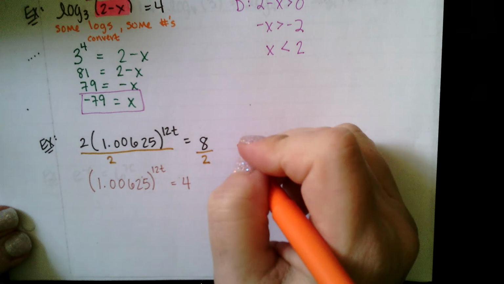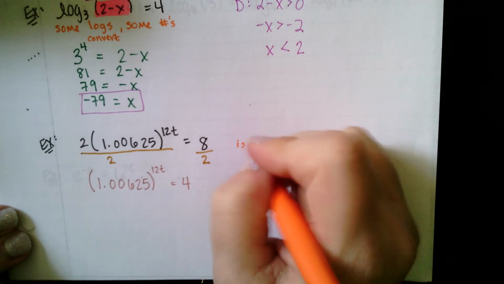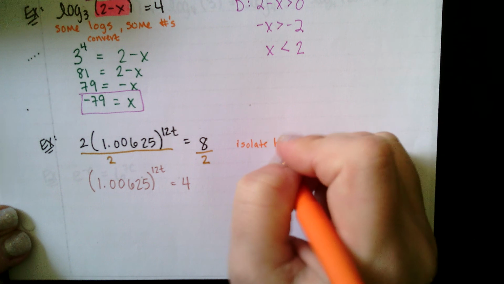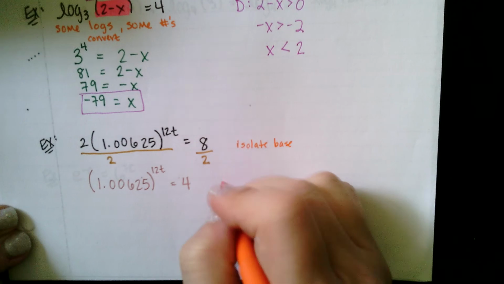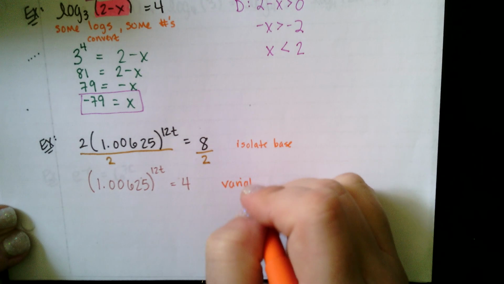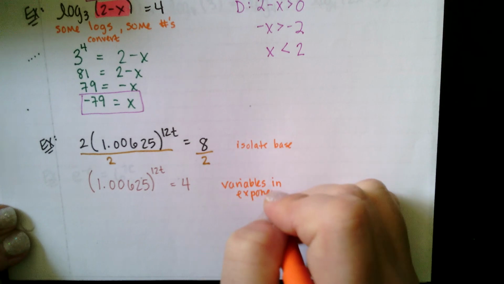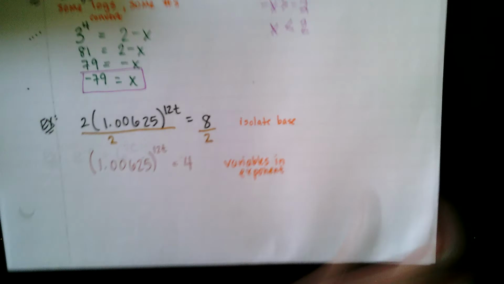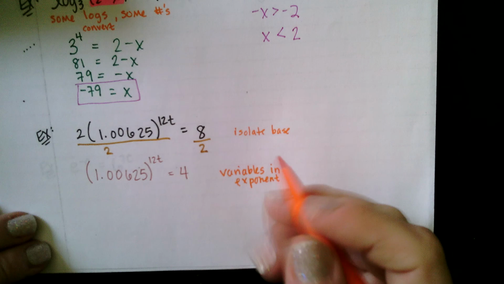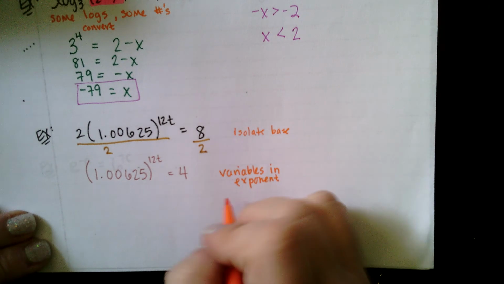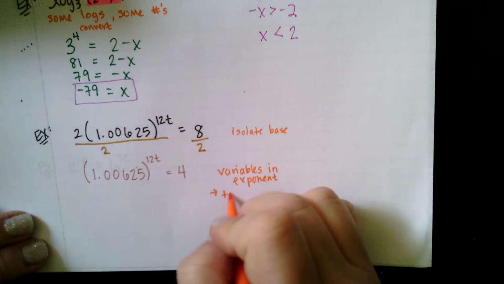So first thing we needed to do was isolate the base, so that now we have a variables in the exponents. So what we want to do is take the natural log of both sides. That's our strategy.